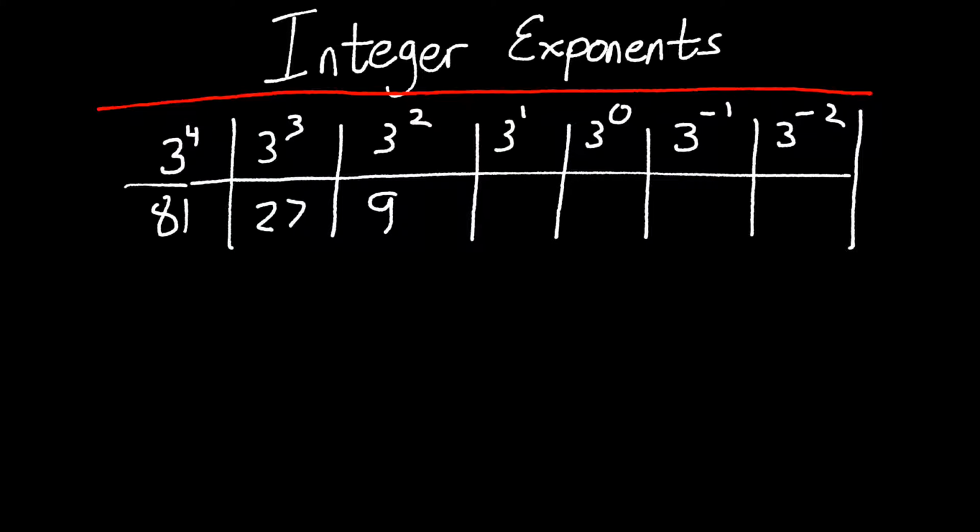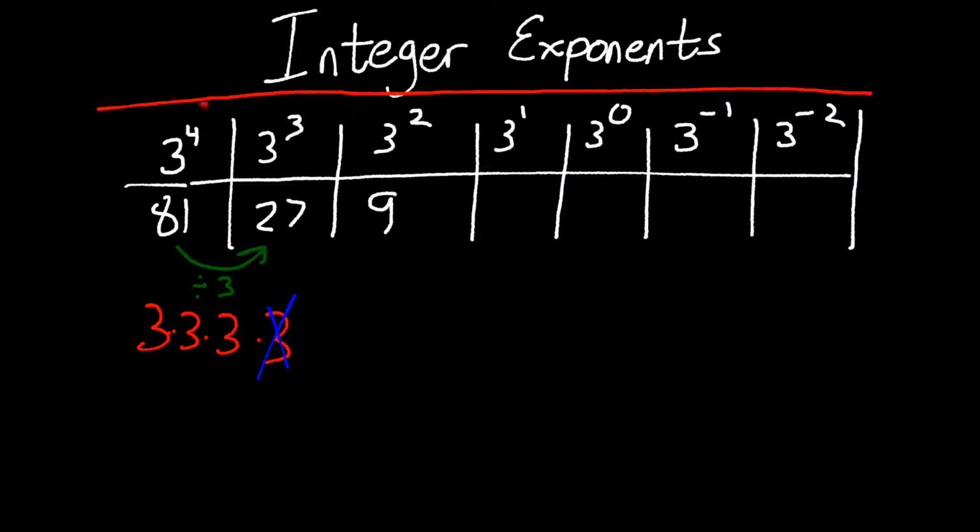So I have 3 to the 4th power, which is 81, or 3 times 3 times 3 times 3. That all gives me 81. But if I get rid of one of the 3's, now I have 3 to the 3rd power, which is 27. Another way we can think of this is, all I did was take 81 and divide by 3.